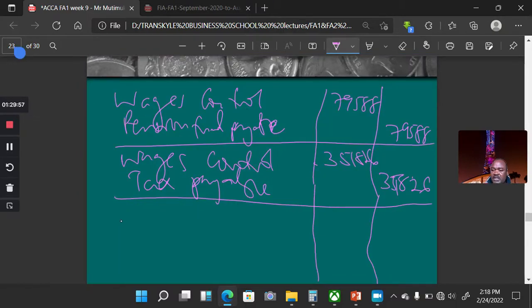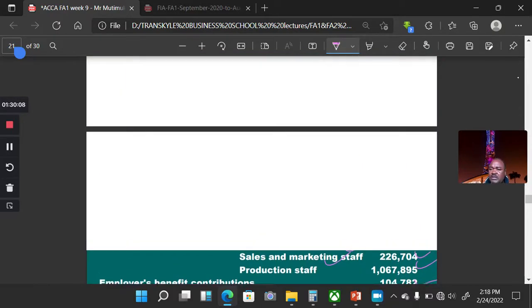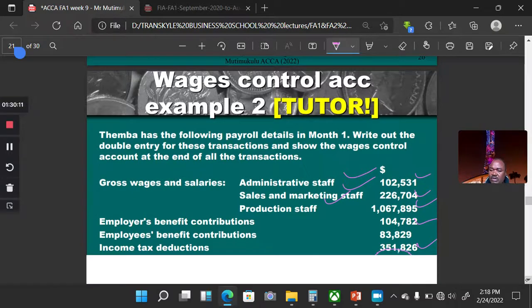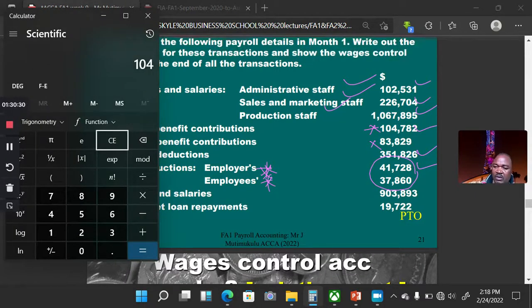Then lastly, we have to talk of the benefit contributions. There was something discussed about the benefit contributions in the question. Benefit contributions for both the employer, this one, and the employee, this one. So we have to consider them. That's 104,782 plus 83,829.